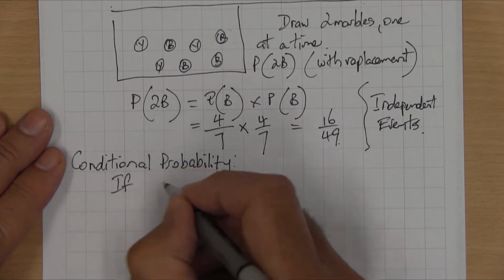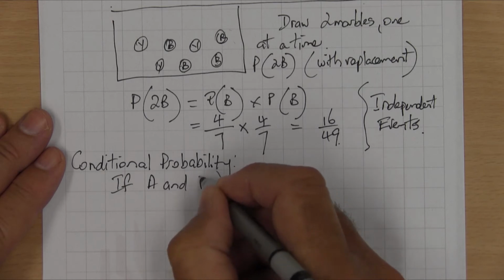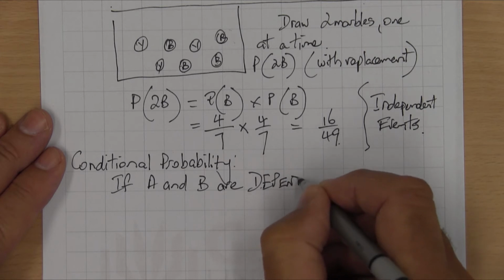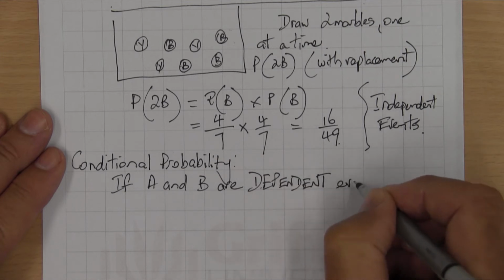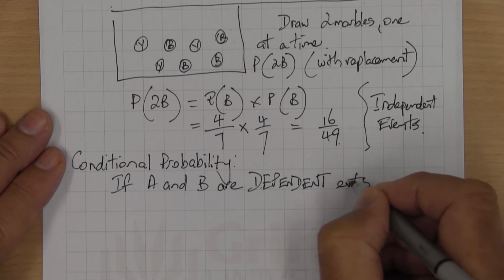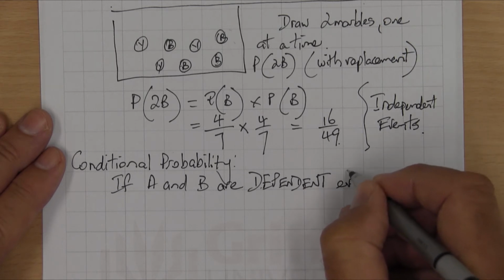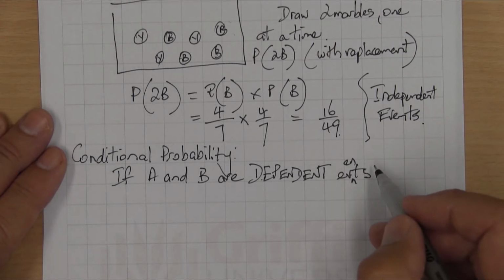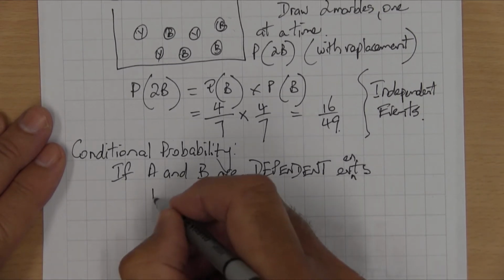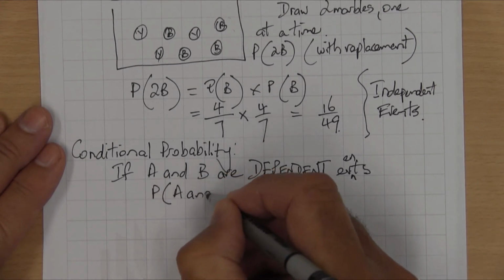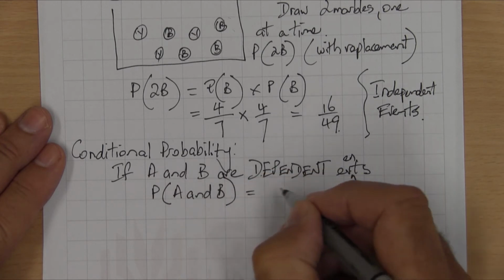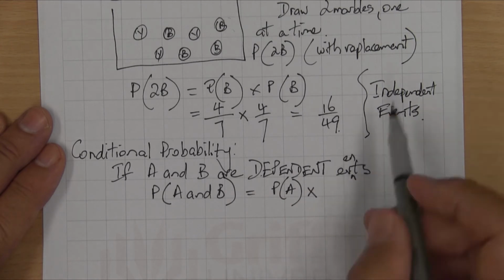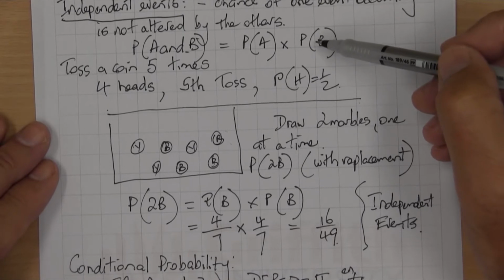So if A and B are dependent events, the rule states that the probability of A and B equals the probability of A times, now up here we had the rule for if they are independent.